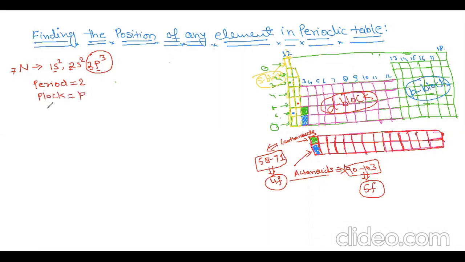And then after that, the group number. For the p orbital, whenever the last electron comes into the p orbital, how do we calculate the group number? Write the note point.